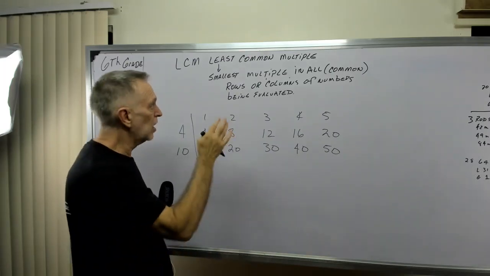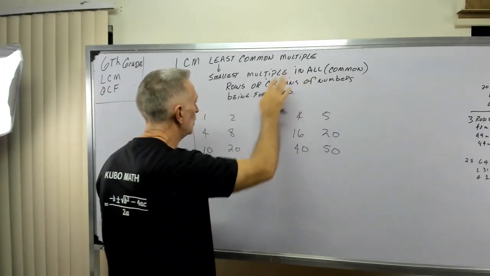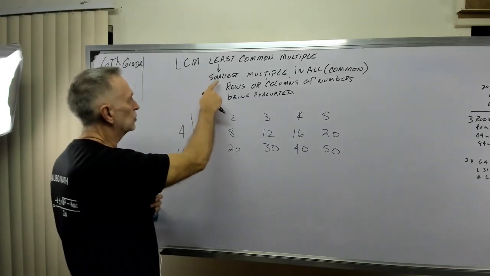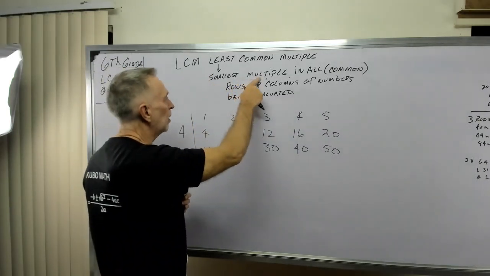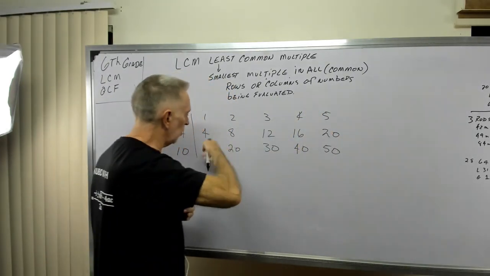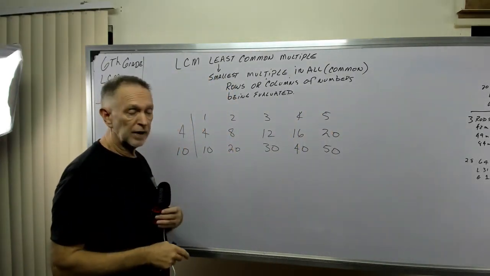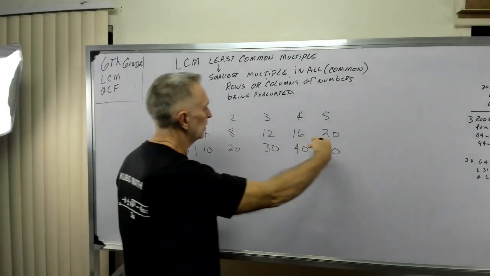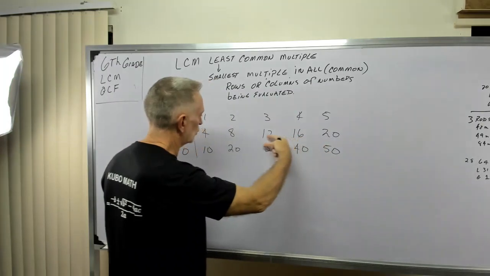Just think about common means in all. So least common multiple means the smallest multiple that can be found in all of these rows that I'm evaluating. And when I say the least, I'm trying to find the smallest one.